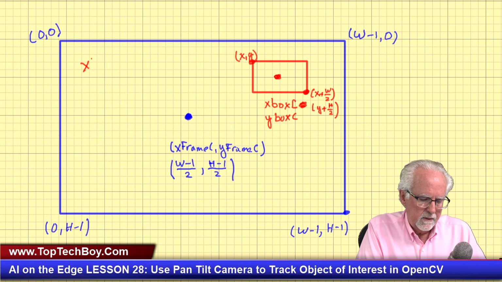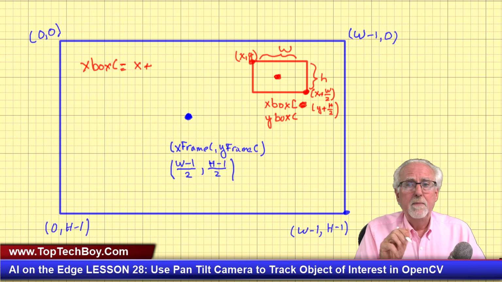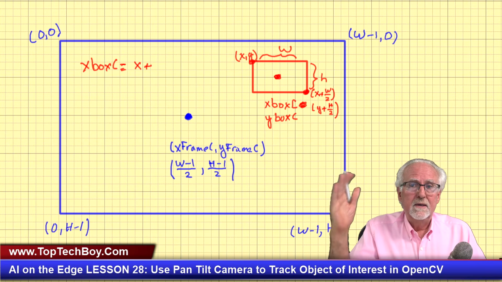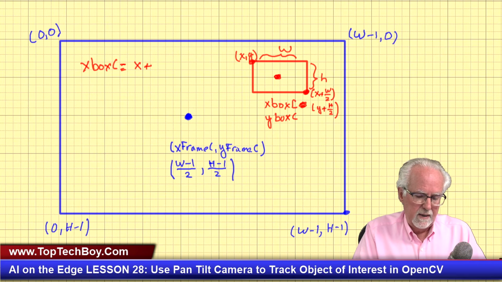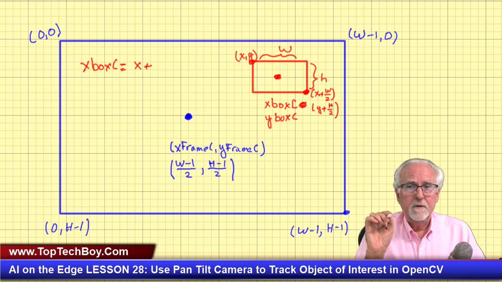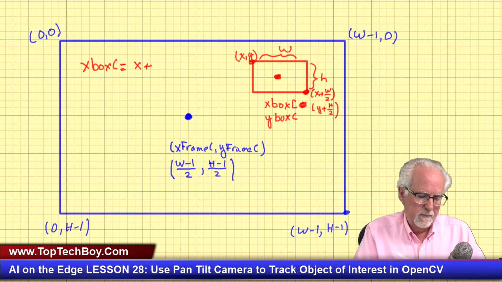The X box center would be the left edge, which is X, plus little w. Remember, the bounding box is going to give us a little w and a little height. Uppercase W and uppercase H are the size of the overall frame, and lowercase w and lowercase h are the width and height of the bounding box.